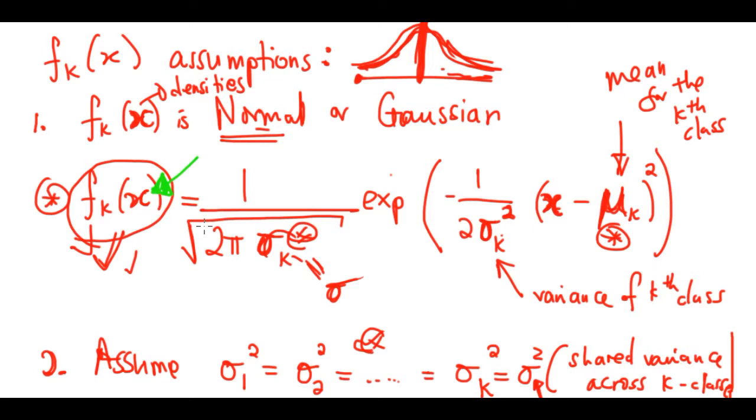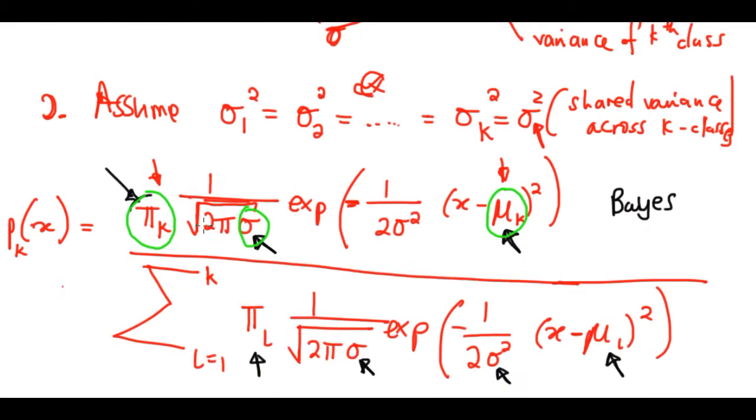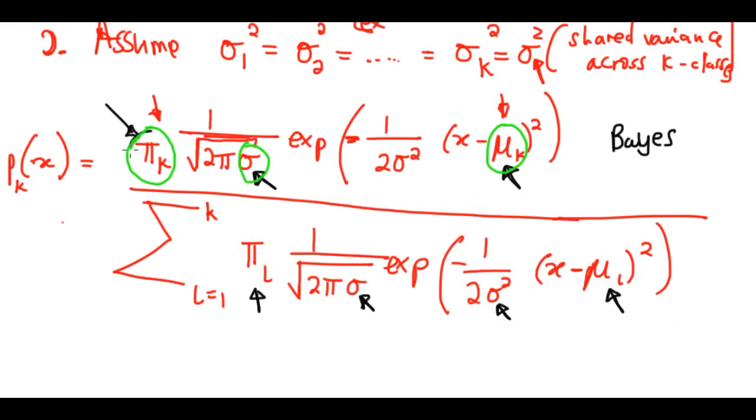And if it does a good job at estimating these parameters that have been circled, it might be very close to the ultimate, the best of the best, the Bayes classifier. So basically that is what LDA does. It tries to estimate those parameters, because when it estimates those parameters, it puts them into that formula.